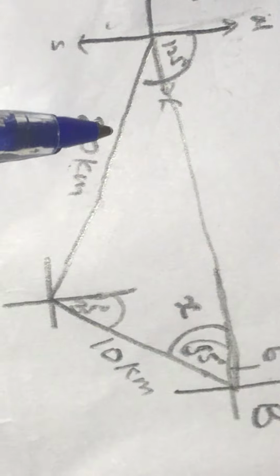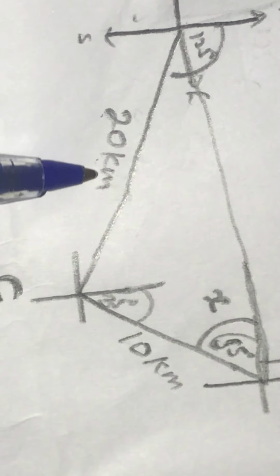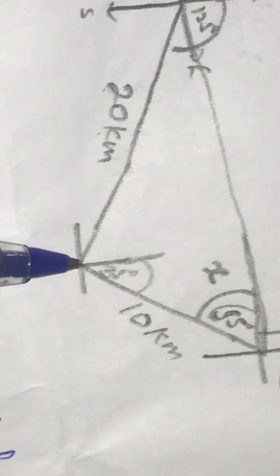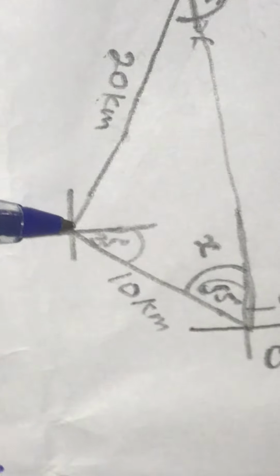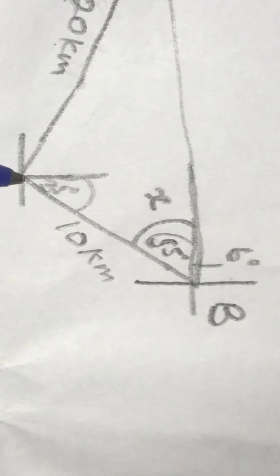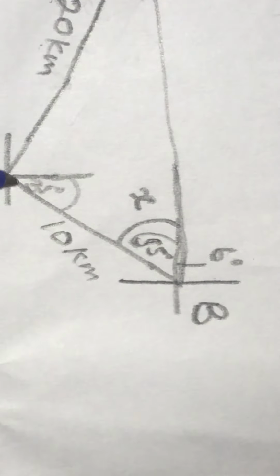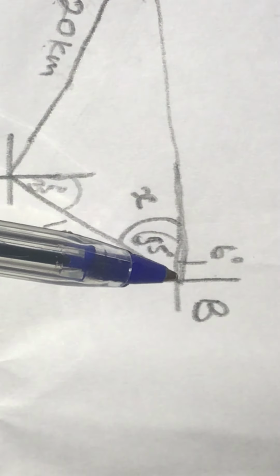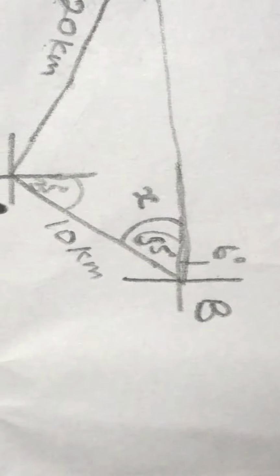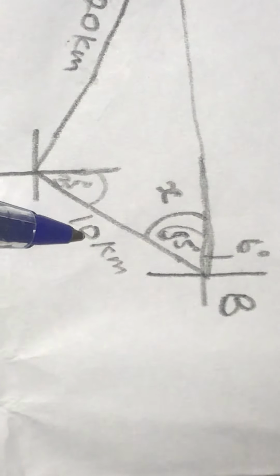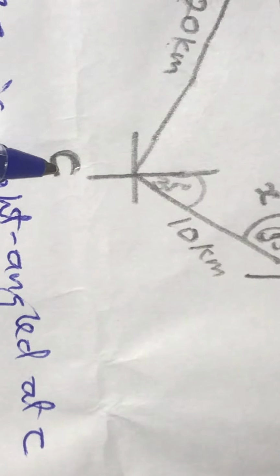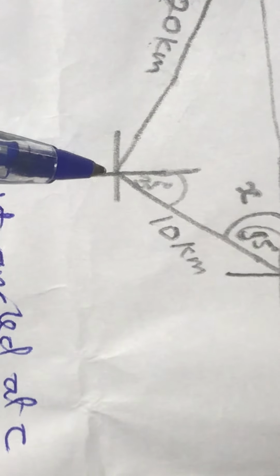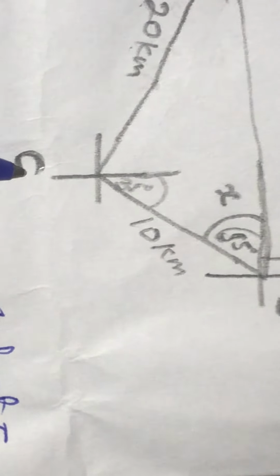Then it moved on a distance of 20 kilometers to another bearing. Then it changed course on the bearing of 35 degrees to port B, a distance of 10 kilometers. So we will name our port B, our middle port, as port C.